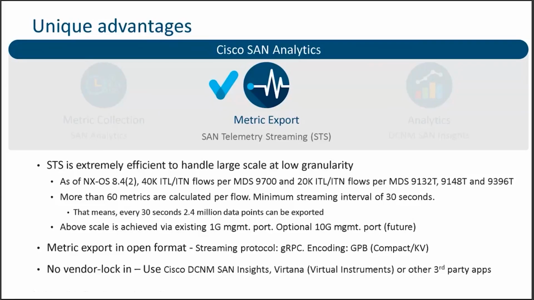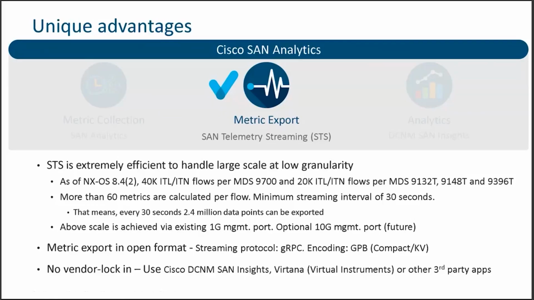Key value is something like, this is my packet in, and the value is, let's say, 100, and this is my packet out, and the value is 200, right? So this is key value. However, the idea is to make it even more optimized, and that's where compact encoding comes into play, which is essentially the binary format of exporting the metrics.